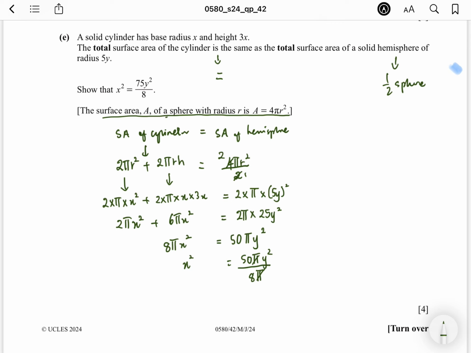Bangun. 2x square 50. Tahu. Okay. Because total surface area of a solid hemisphere. Kalau ya sphere saja, that's 4 pi r square kan? Tapi kalau kita ni bagi 2, so that would be hemisphere.